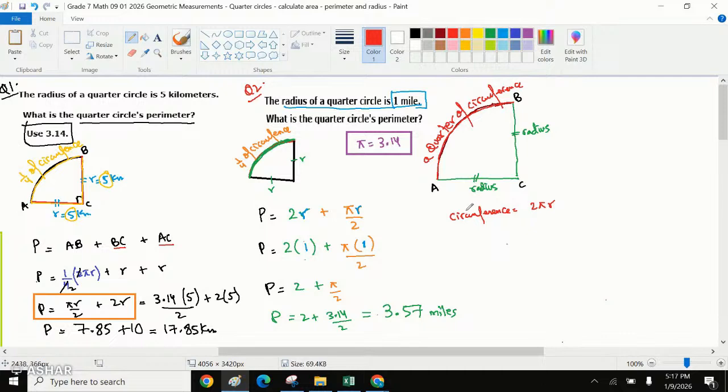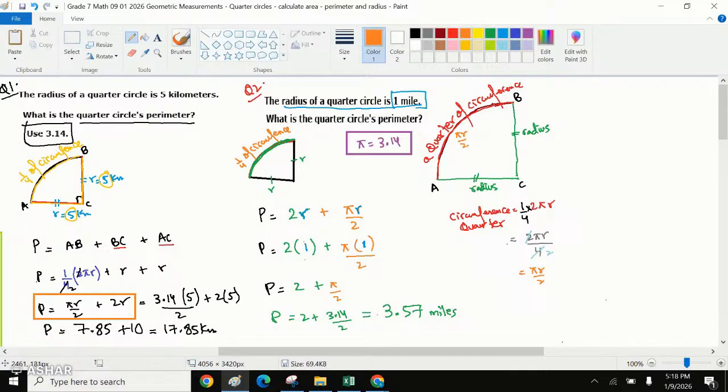But if we say quarter, that means we multiply it by 1 upon 4. So 2 pi r divided by 4, we can cancel out the 2 and 4. And what are we left with? Pi r upon 2. Therefore this length would be equal to pi r upon 2.